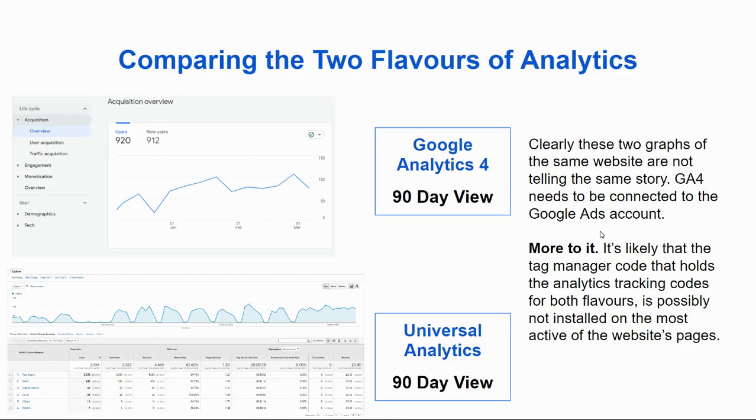So they're not telling the same story. There's something wrong. So the Google Ads account has to be connected, and also the Tag Manager code here hasn't been added to the landing pages that the managers of the ads account are using.